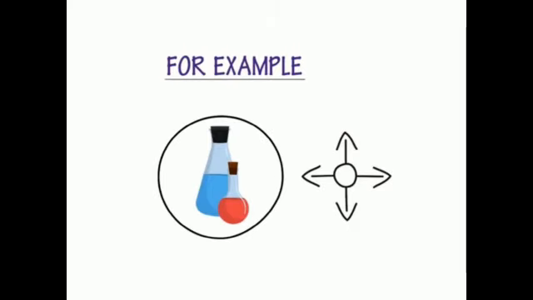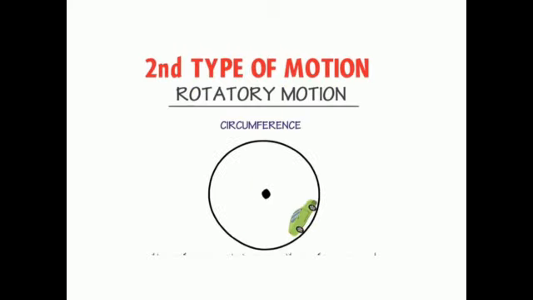Example of random motion is if we spray perfume inside a room. So after certain time you will not be able to exactly find out the position of these perfume molecules present in that room. It may move in any direction inside that room at any time.